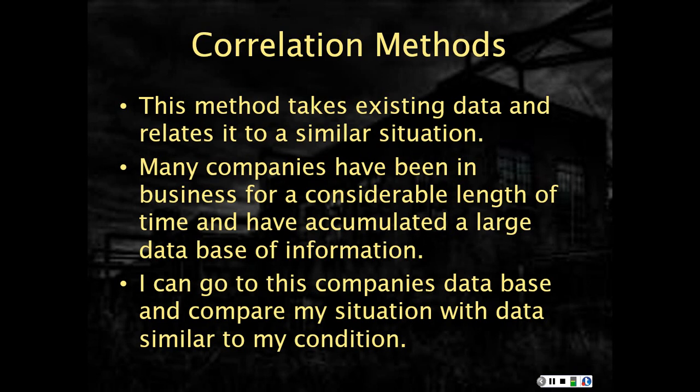I can go to the company's database and compare my situation with data similar to my condition. You have to remember that this database would include a lot of different variables. So I'm actually matching my situation with a company's vast pool of information or situations to try to correlate my situation with theirs.